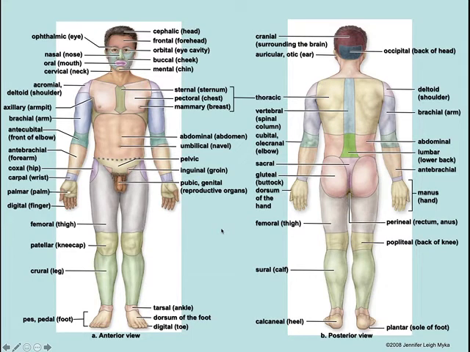This is the standard position we refer to when we describe the location of body parts. These are the different regions of the body, and we talked about the fact in lecture that this will serve you well when we talk about things like the muscular system, the circulatory system, the skeletal system, the nervous system, the lymphatic system, and so on. This is sort of like a map of the United States.